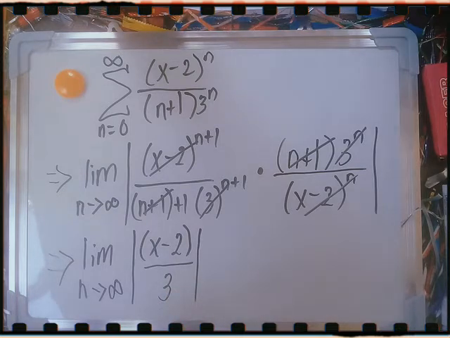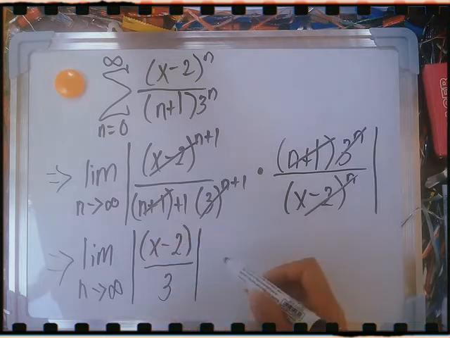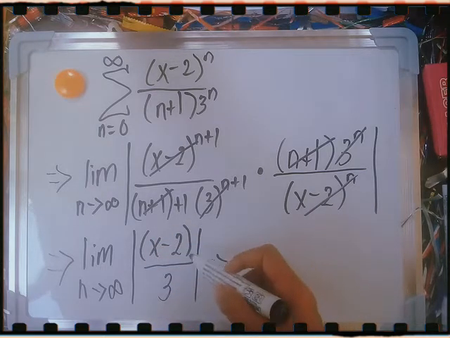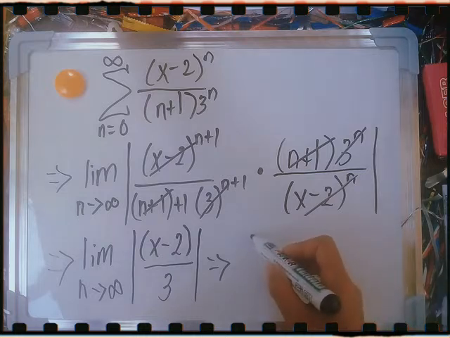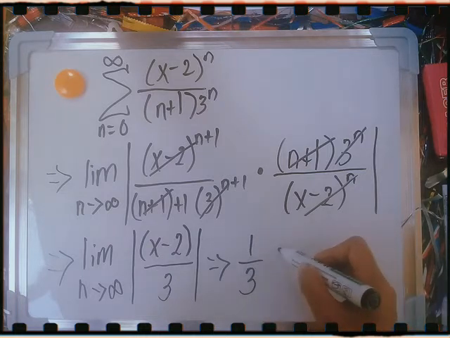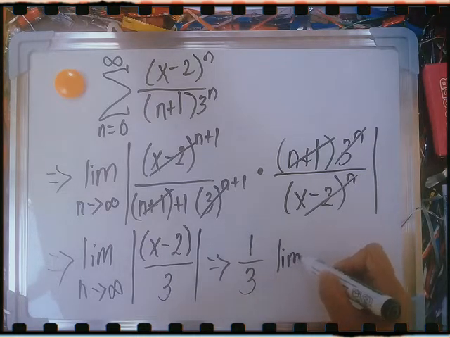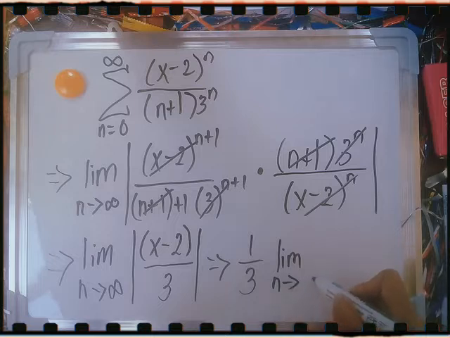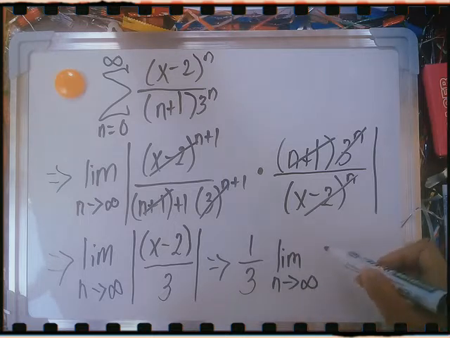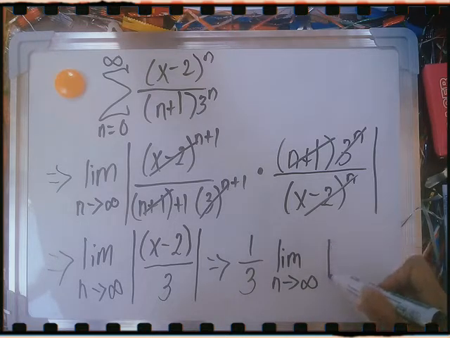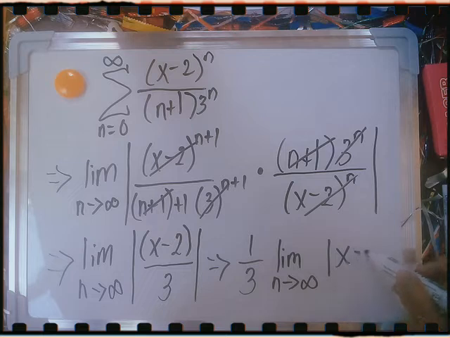Hindi pa dito natatapos ang lahat. Ilalabas natin yung 1/3. Leave natin yung x minus 2. So we have 1/3 times the limit as n approaches infinity of the absolute value of x minus 2.